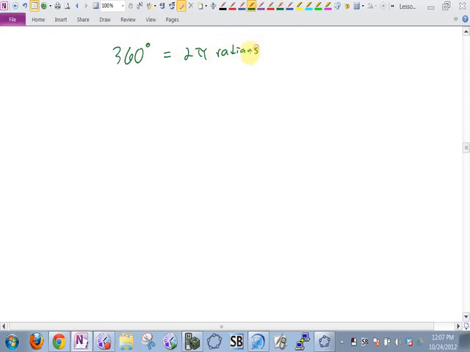Now the interesting thing is, degrees always have that little circle symbol, right? For radians, we usually don't write a unit at all. So if you just say 5, I'm going to assume you mean 5 radians. If you say 2 with a little circle, that's 2 degrees. Does that make sense? Okay? So we don't really have a unit for radians.